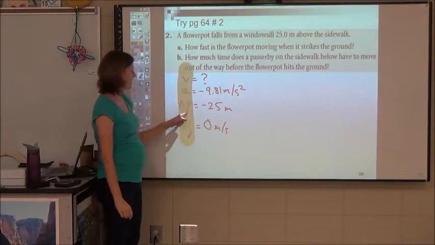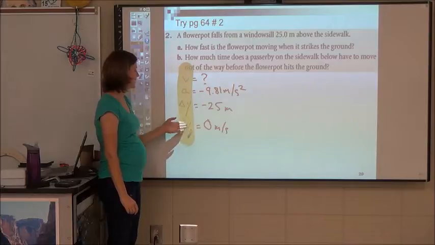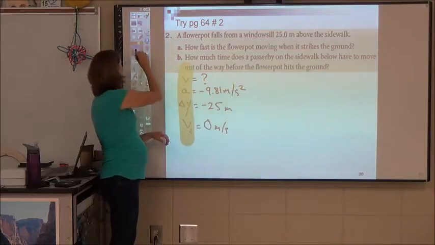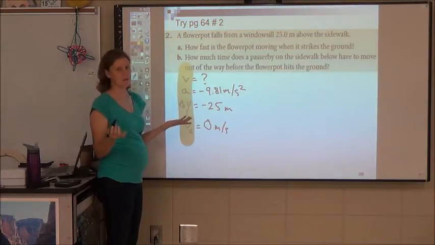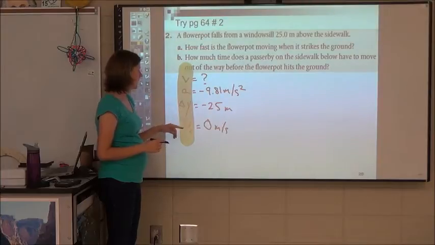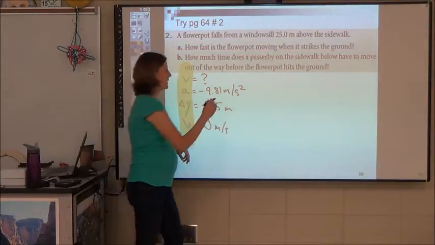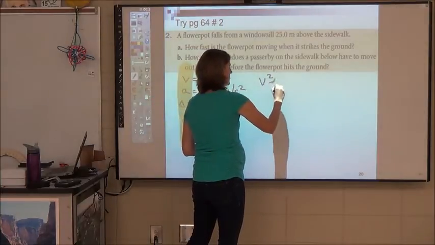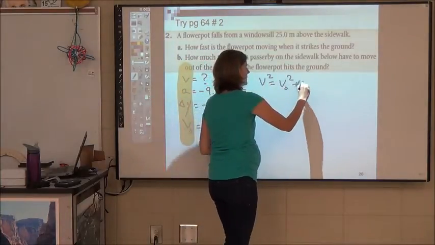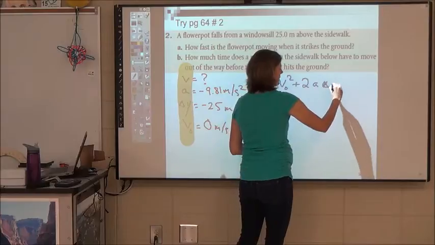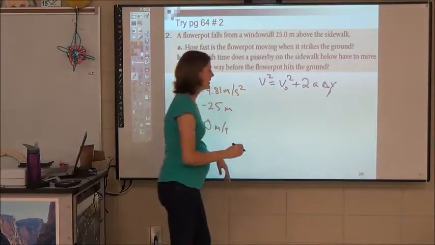I look through my kinematics to find one that has these variables. Actually, it's going to be the same one we just used. Although this time we're solving for something different, but v squared equals v naught squared, and I'll change it to delta y.